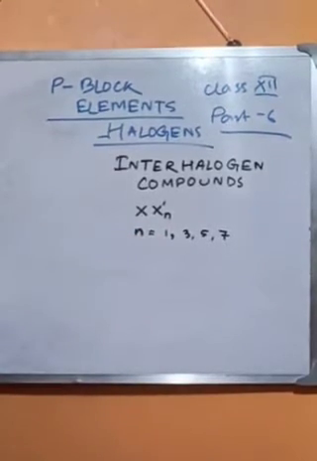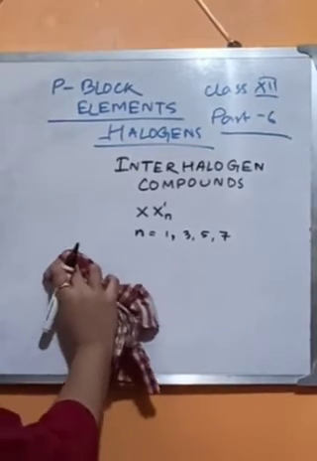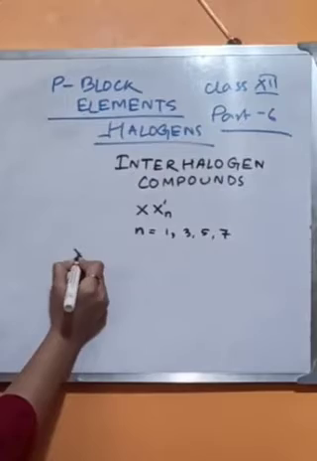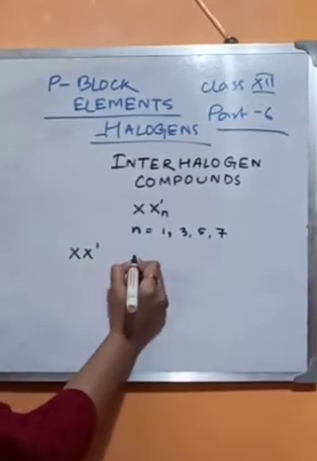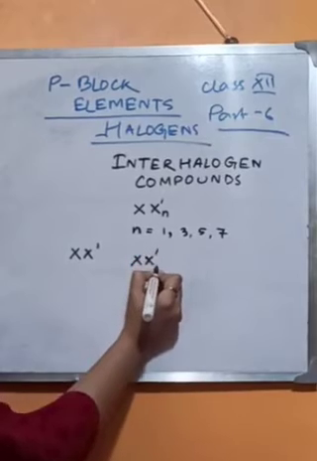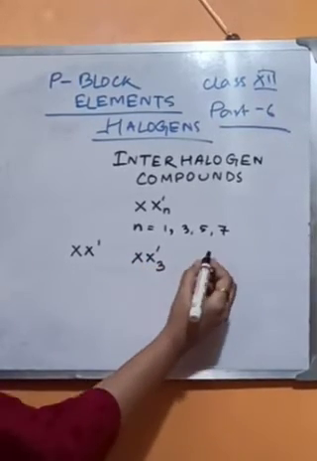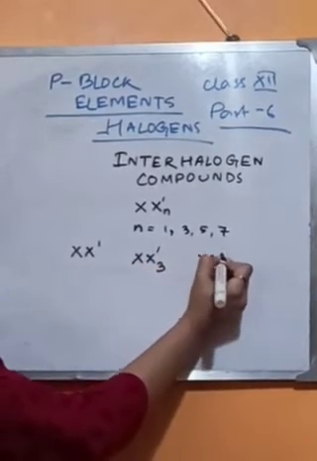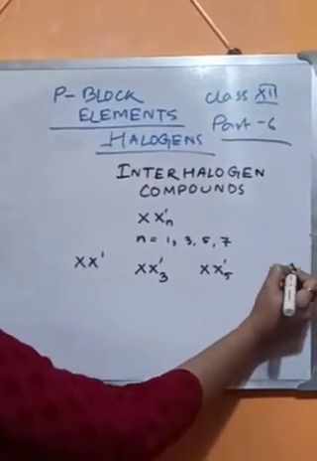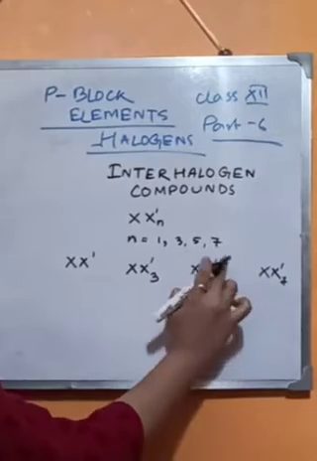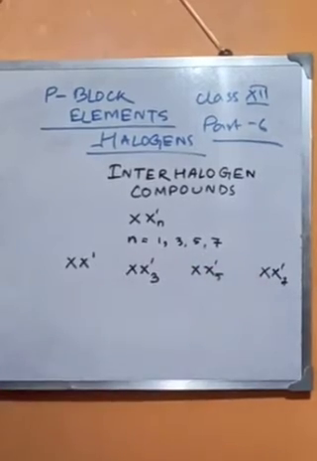Okay, now let's come to the types. I can write like this. XX' where n is 1, XX'3 where n is 3, XX'5 where n is 5, XX'7 where n is 7.